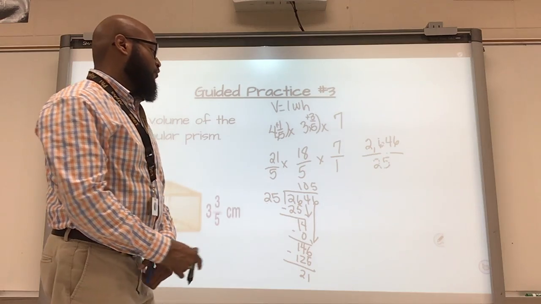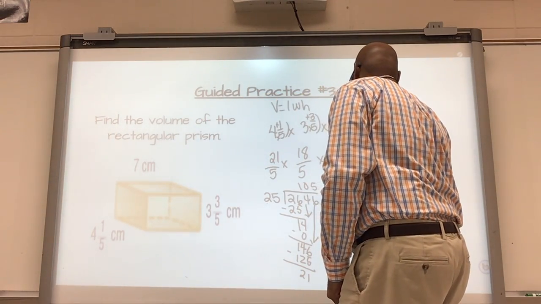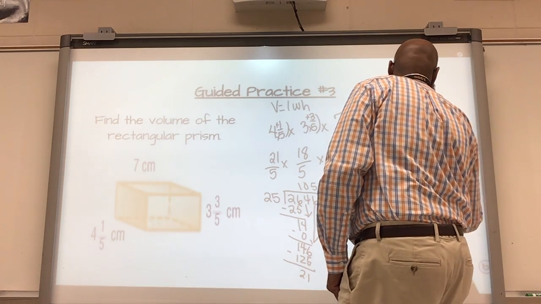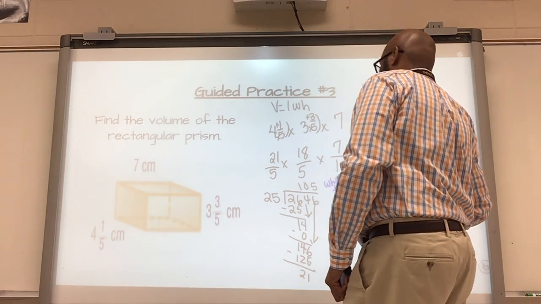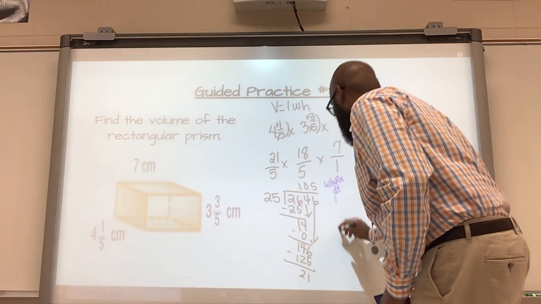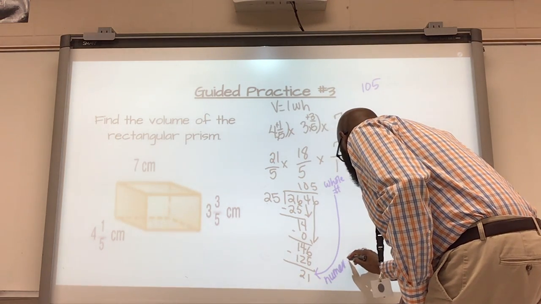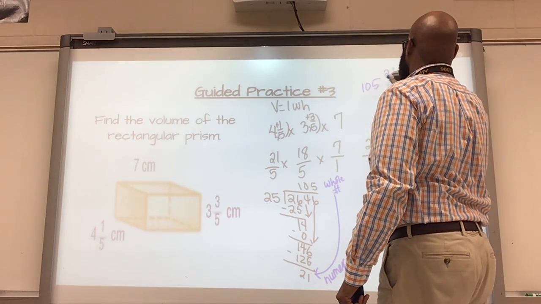What I've told you all before, the top part is your whole number. So we have 105 as a whole number. That's your numerator, that means that goes on top, 21.